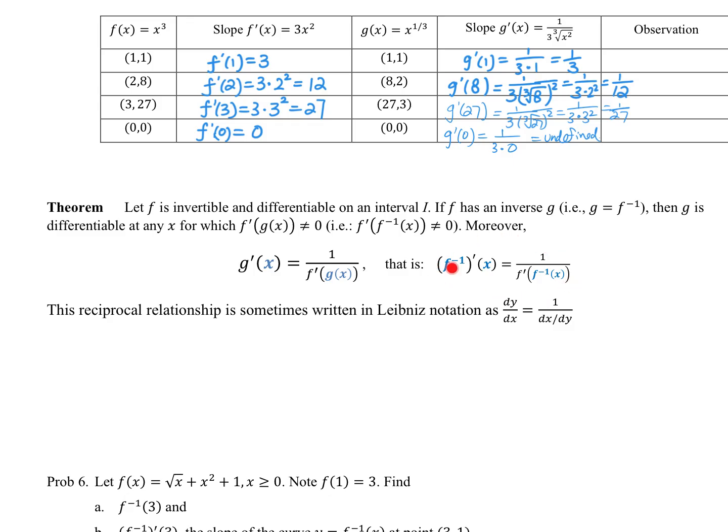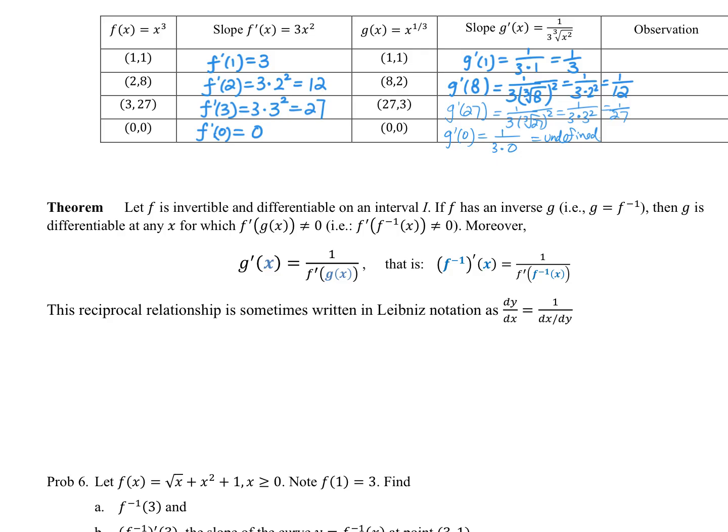So I would prefer, the derivative of f inverse of x is equal to 1 over the derivative of f at f inverse of x. Now, by the way, this reciprocal relationship is sometimes written in Leibniz notation as dy/dx equals 1 over dx/dy. So they are just dx/dy, that's the inverse of the y, right? Okay, x is the inverse of the y.